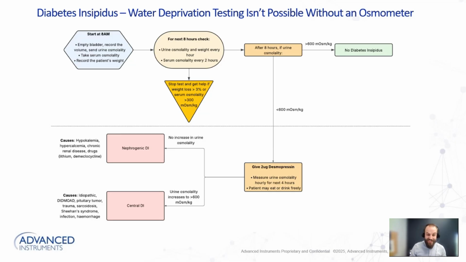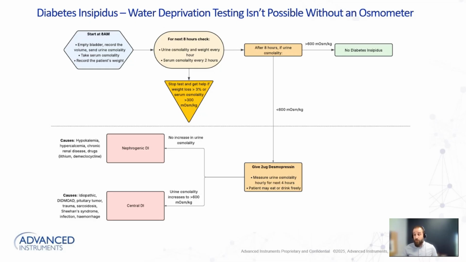Okay, and then for the next 8 hours, every single hour, they're going to measure the patient's weight again, and they're going to take a urine sample again. Every single hour, they're going to take that urine sample and measure the urine osmolality. Every 2 hours, they're going to draw another blood sample from the patient and send that up for a serum osmolality test.